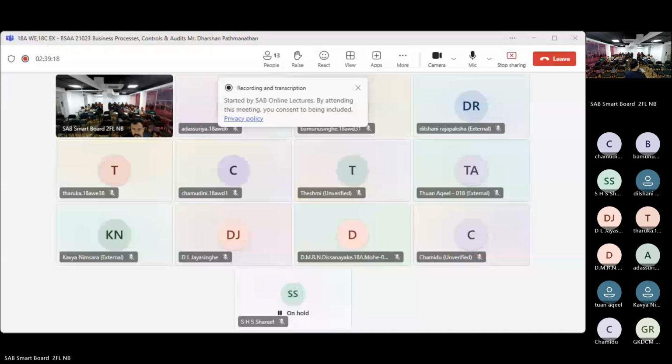Okay, so first part, before making the purchase. What are the management activities you have to adopt before making the purchase of property, plant and equipment?